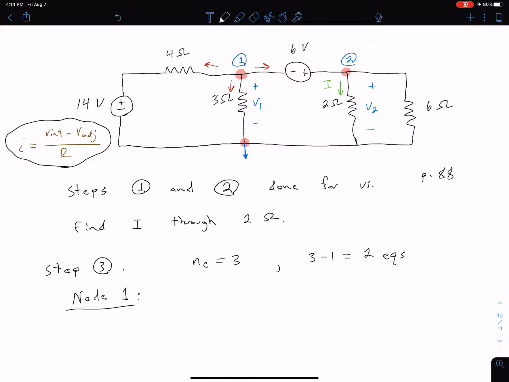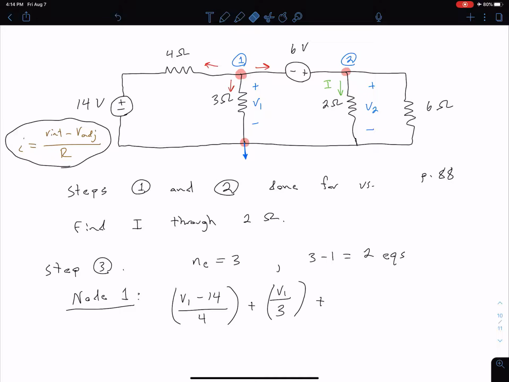So for our current going out the left of node 1, we have V1 minus 14 divided by 4. Current going out the bottom from Ohm's law is going to be V1 divided by 3. Now for our current going out the right, notice we have the same issue that we almost ran into with our bridge circuit in a previous video, where we don't have a resistor here, we just have a voltage source.